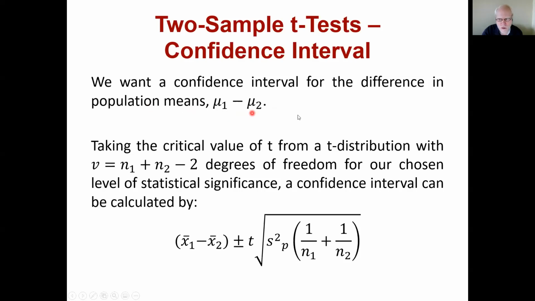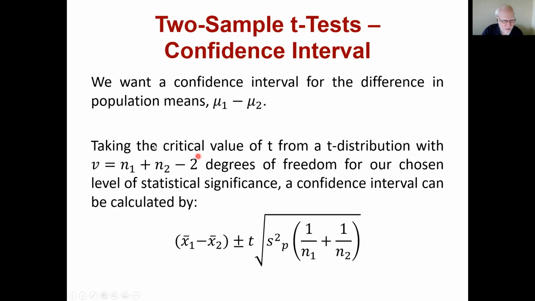So we want a confidence interval for the difference in population means. If our confidence interval doesn't include 0, then we can believe that there's a difference between these two groups. If the confidence interval crosses 0, then we don't believe that there's a difference.